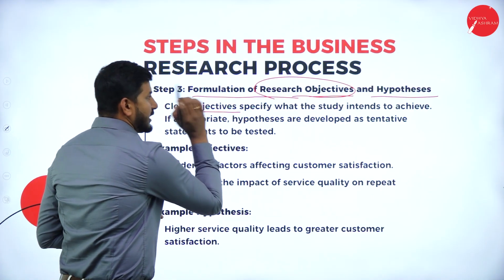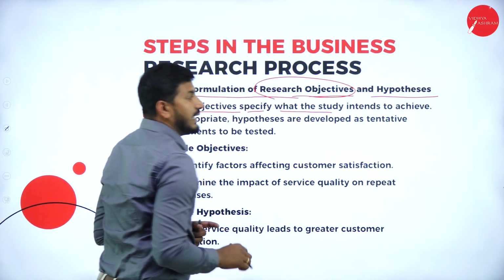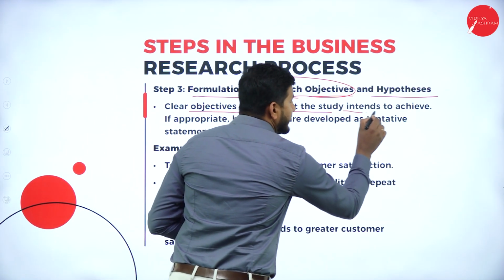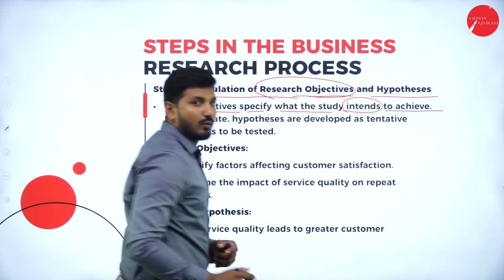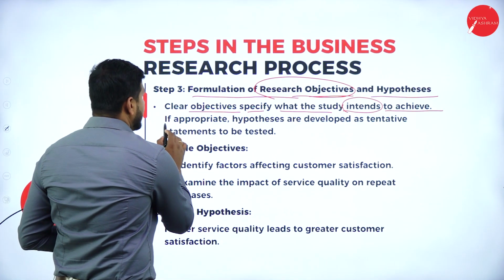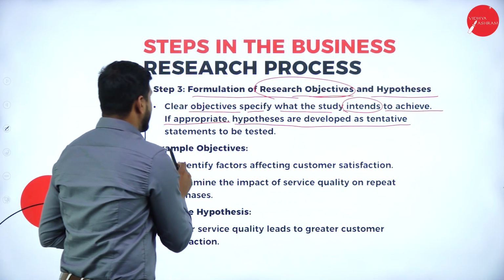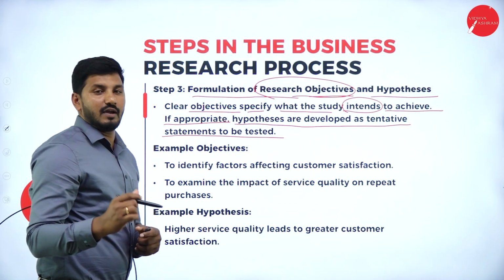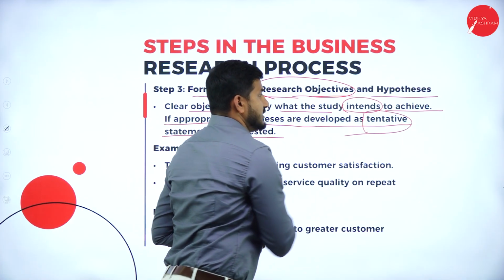The clear objectives specify what the study intends, what you want to achieve, what you want to prove. And if appropriate, hypotheses are developed as tentative statements to be tested. We have to find out along with the tentative statements by conducting hypothesis testing.